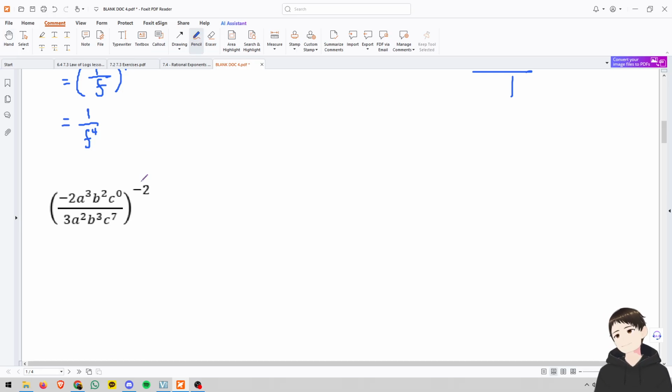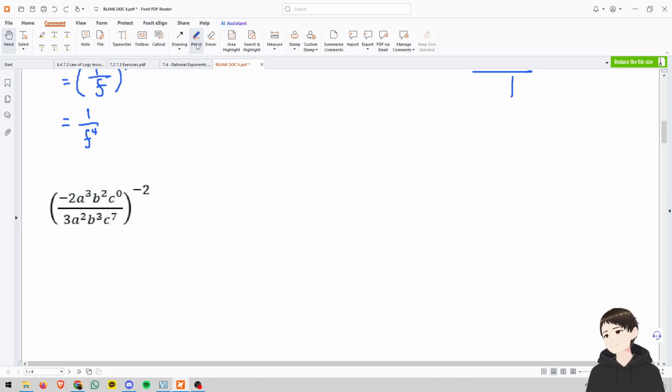Okay, let's try this. There's a lot of ways you can do it. Let me explain 3 different ways you can start. You can start by doing a division of these terms because they have the same base, A, B, C. You can try dividing first and simplifying.